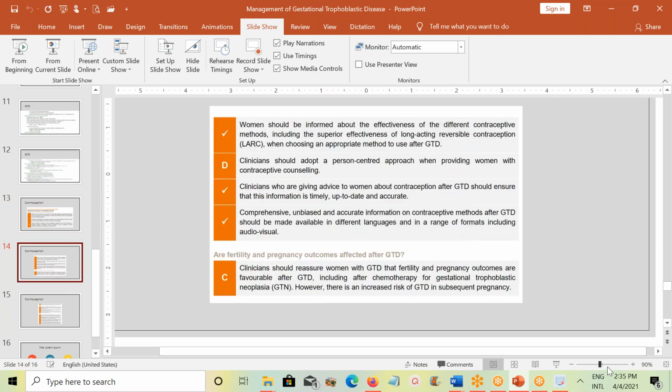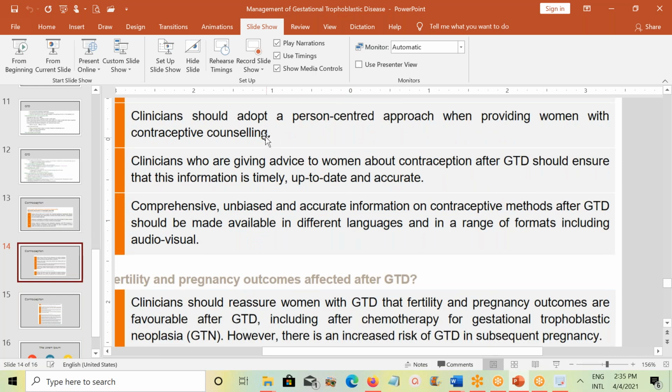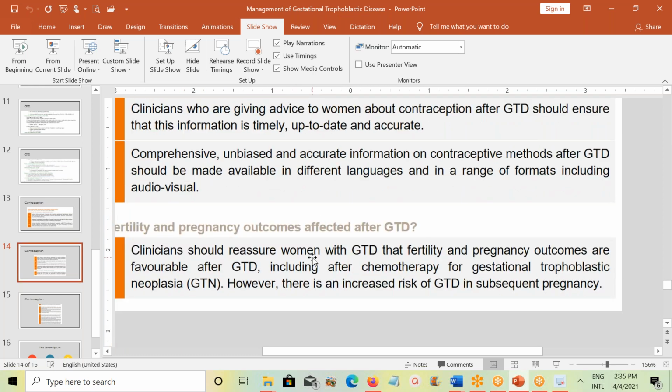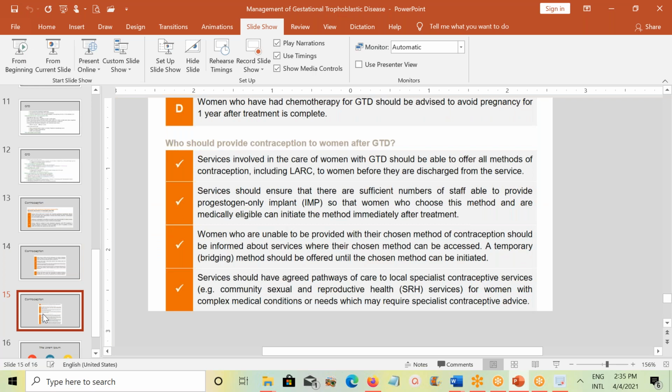Then we should adopt a person-centered approach when providing women with contraceptive choices, and ensure that they have been given timely and up to date information. Okay? So we need to reassure them that they are not feeling any pressure, and tell them what their chances are of having gestational trophoblastic disease and how they can prevent pregnancies.